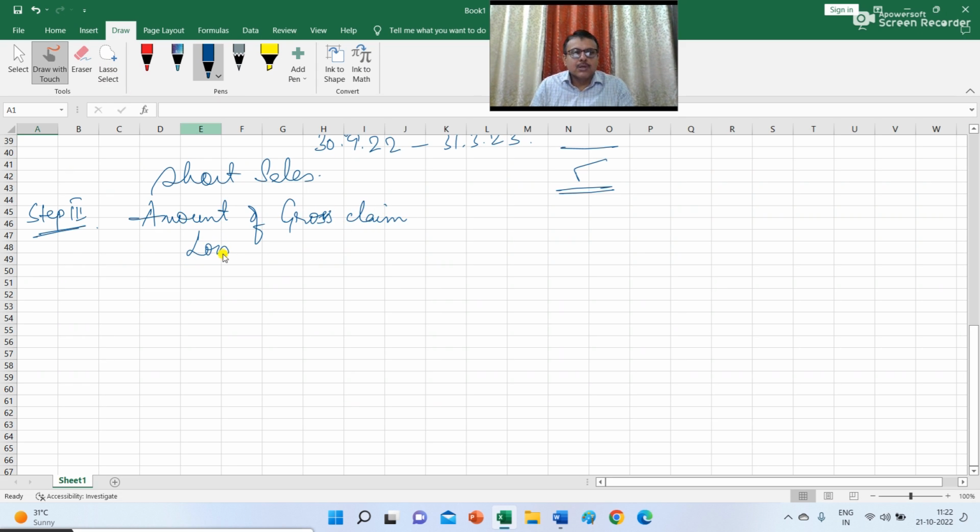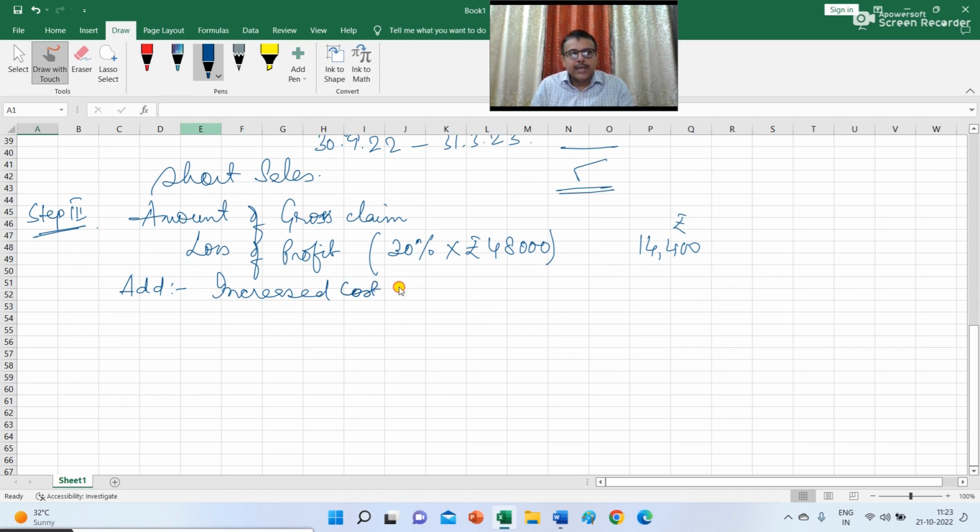So what is the amount of loss of profit? 30% is the gross profit rate that we have computed for the previous year, and the amount of short sale is given as 48,000. So loss of profit is for rupees 14,400.